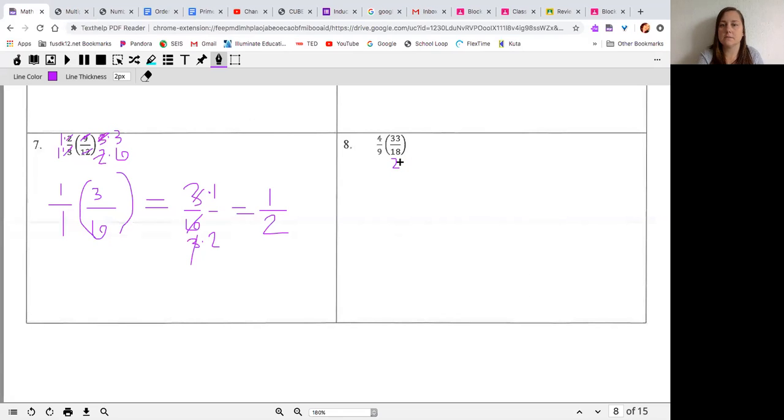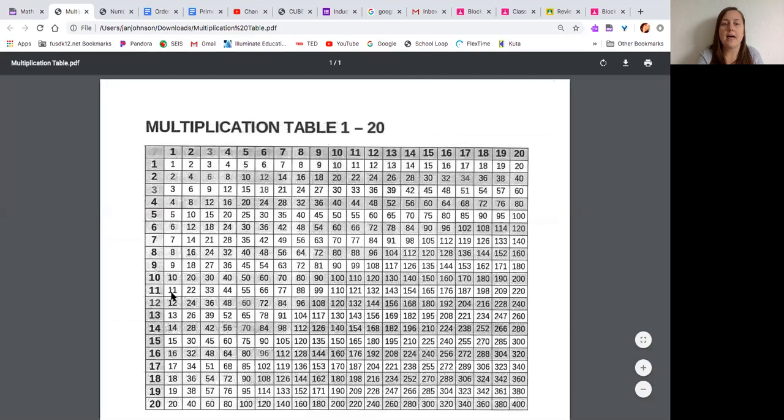So 2 times 9 is 18. And 2 times 2 is 4. Okay, cross off my 4 and my 18. Now 33 and 9 also share common factors. Okay, 11. 3 times 11 is 33. And we remember that 3 times 3 is 9.